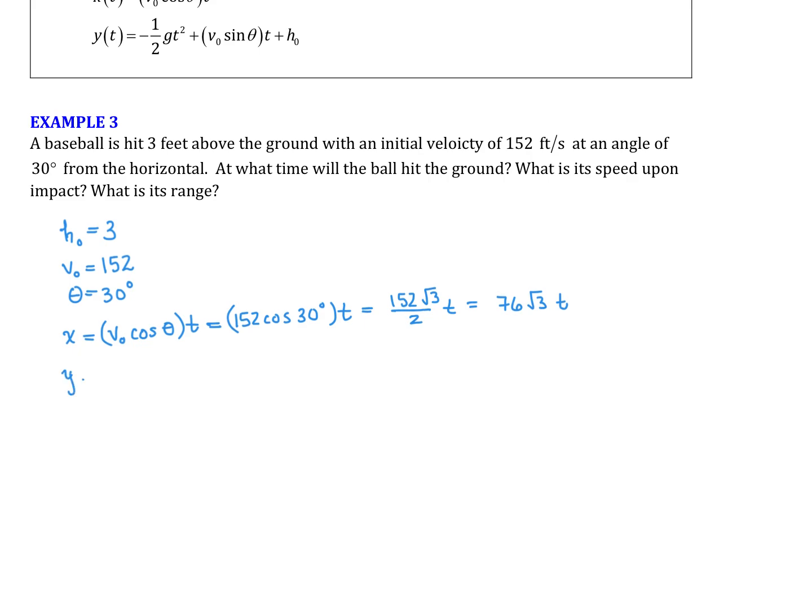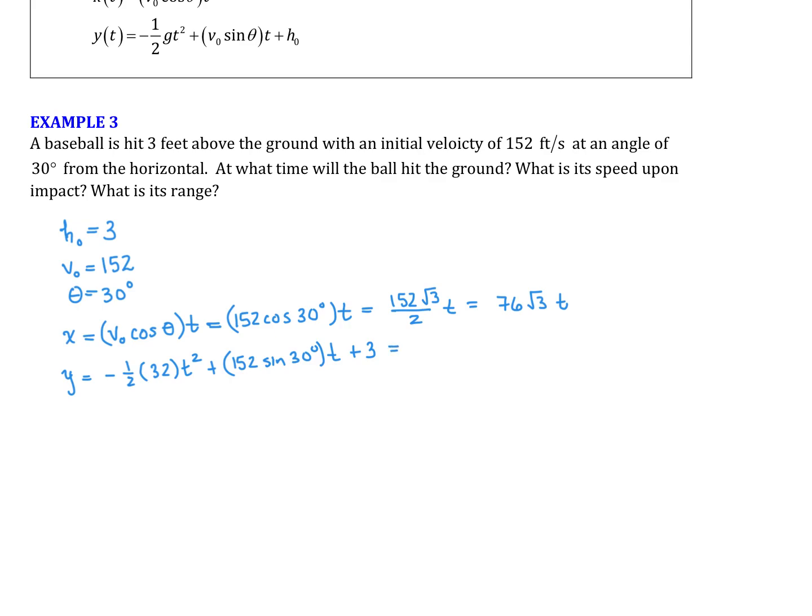So now y equals negative 1/2, we will use 32 for g, t squared plus v naught sine of 30 degrees times t plus our h naught is 3.